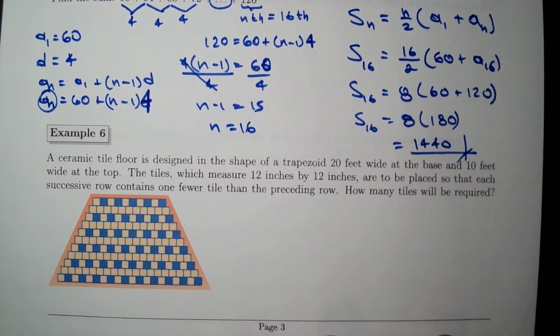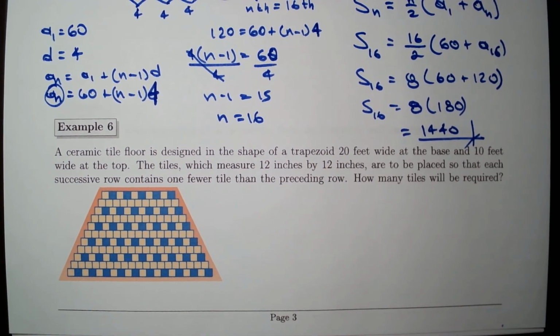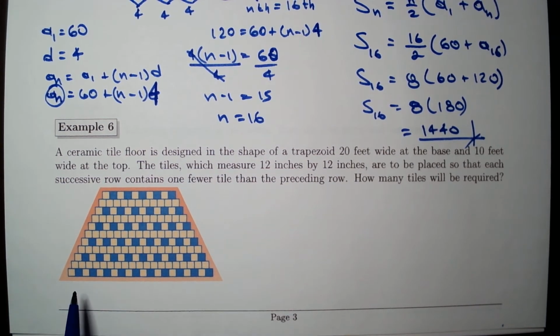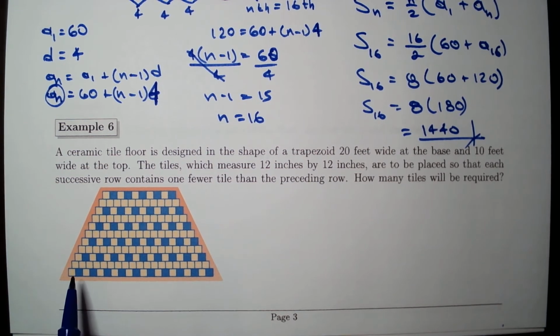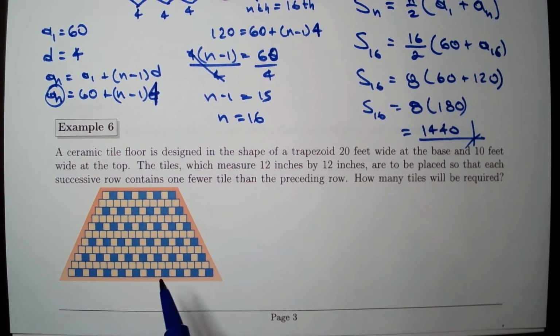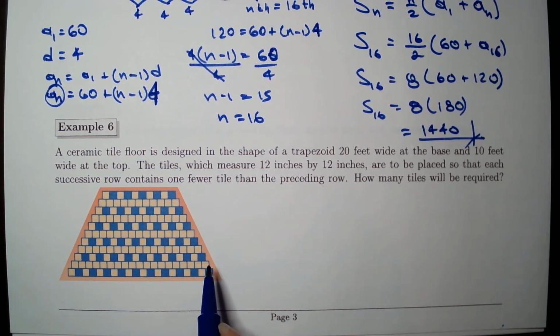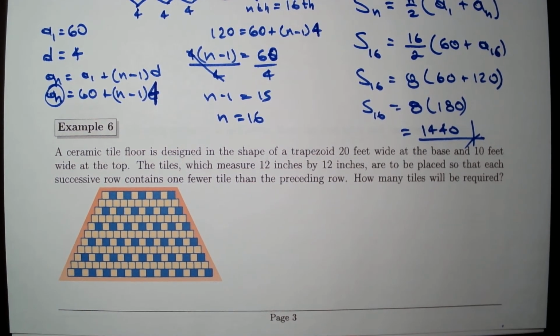A very typical word problem when it comes to arithmetic sequences, when you have this type of construction in which you're putting tiles, so every consecutive row has maybe one tile less, or two tiles less, or three tiles less, depending on the design of the tile that you're building.